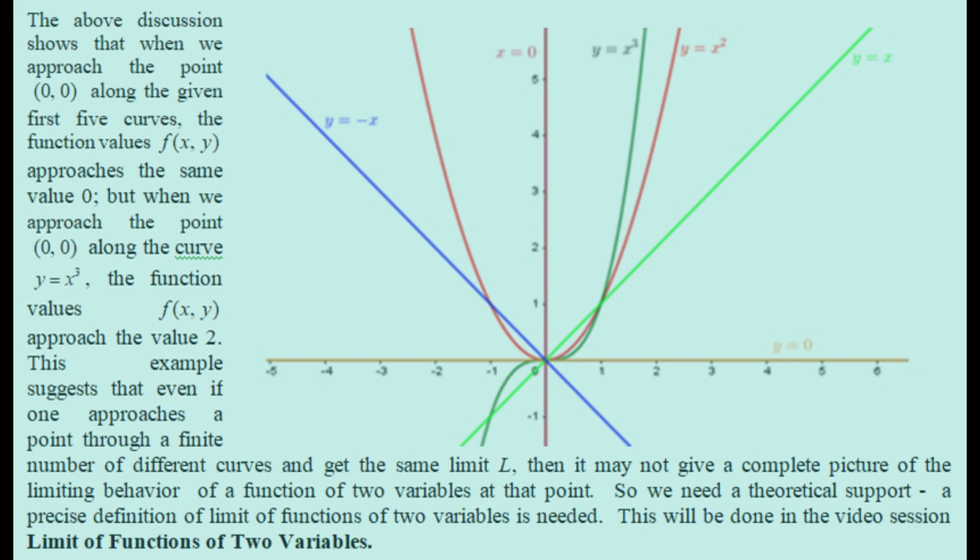This example suggests that even if one approaches a point through a finite number of different curves and gets the same limit L, then it may not give a complete picture of the limiting behavior of a function of two variables at that point.